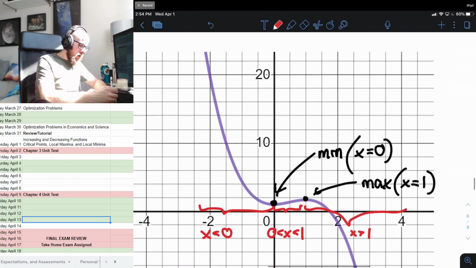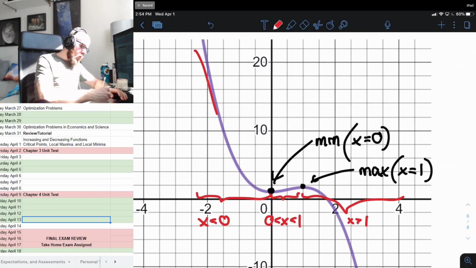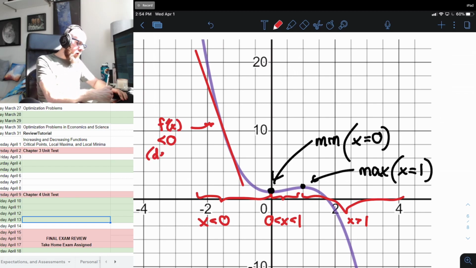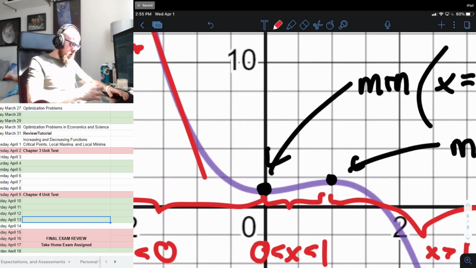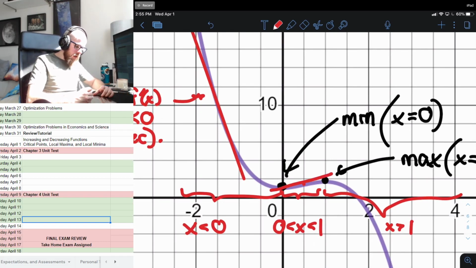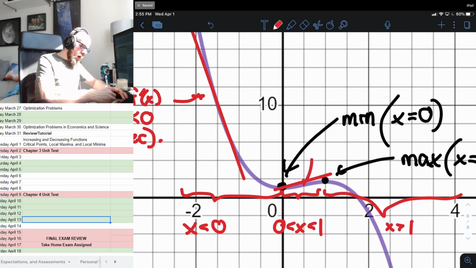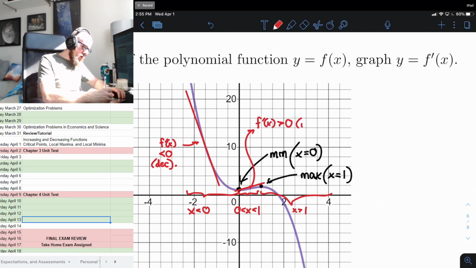Now, when I look at the slope of my tangent line over each of these intervals, what I find is that when x is less than 0, f prime of x is negative, right? My function is decreasing over that entire interval, okay? When I'm between 0 and 1, if I focus on the tangent line in this zone, f prime of x is greater than 0, meaning my function is increasing there.